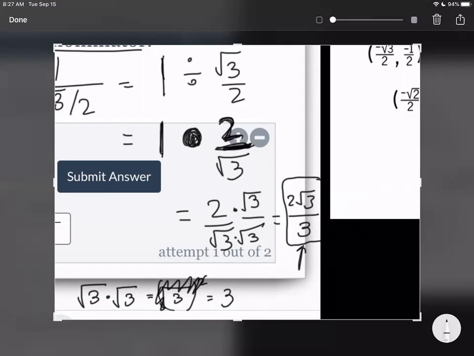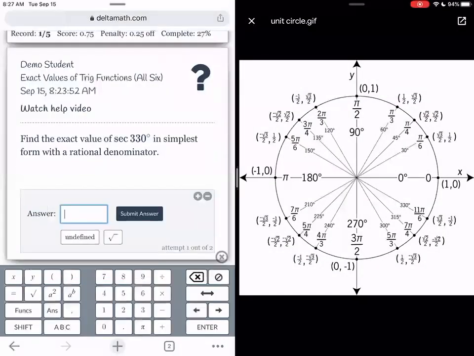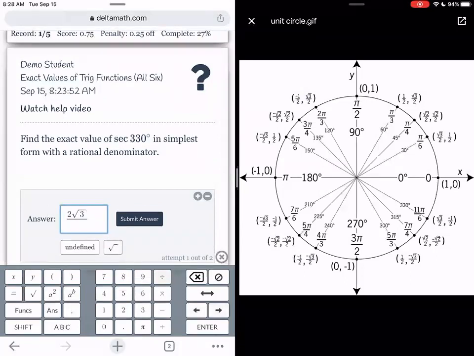Okay, interrupt me if you do, but I'm going to submit this. 2 root 3 over 3. Use the right arrow to get out of the radical, over 3.